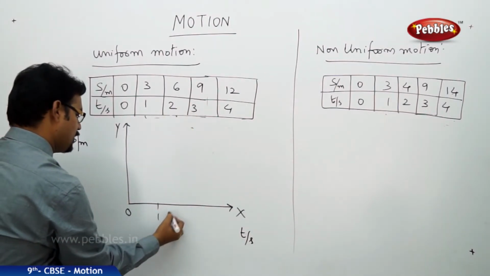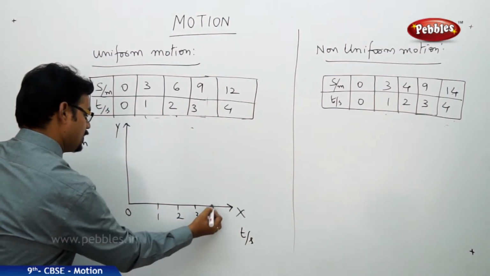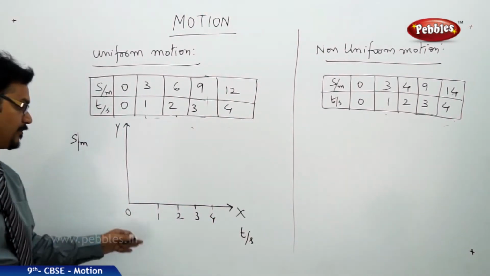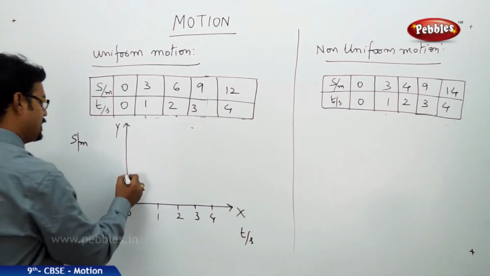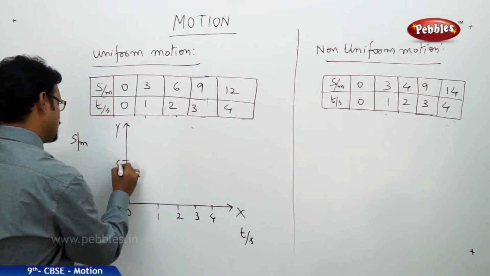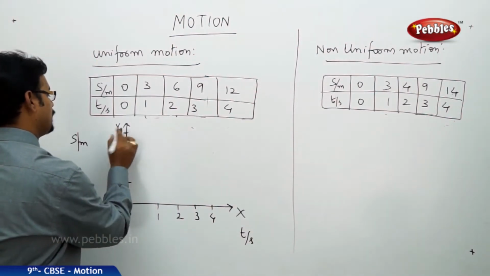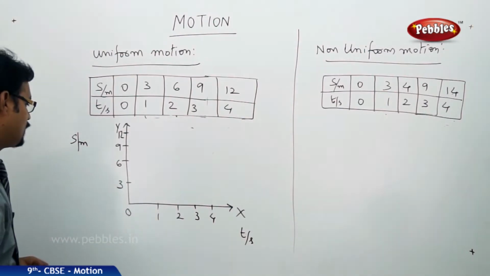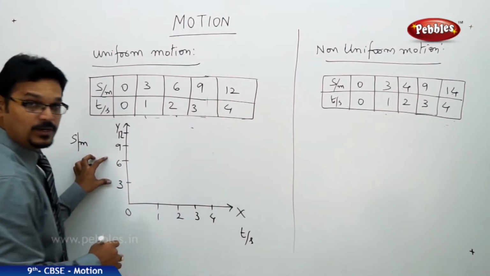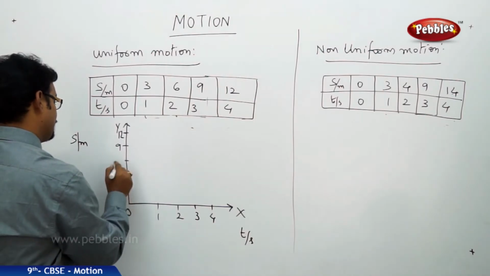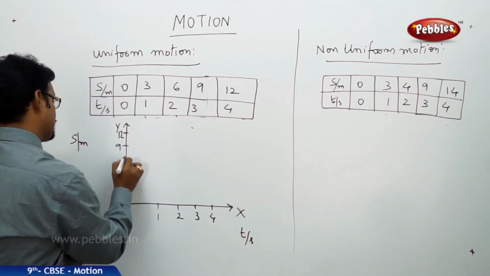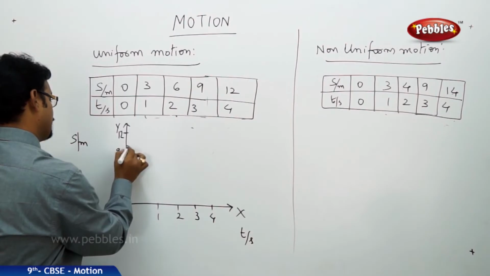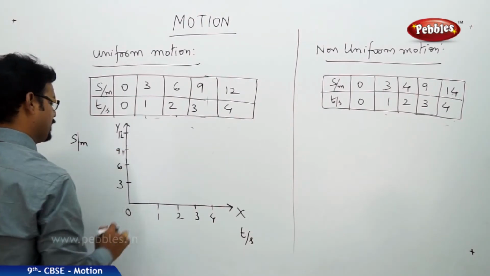Let me locate the times 1, 2, 3, 4 seconds, and distances 3, 6, 9, 12. It should be equal distances, 3, 6, equal space. Yes, now it is a little better.